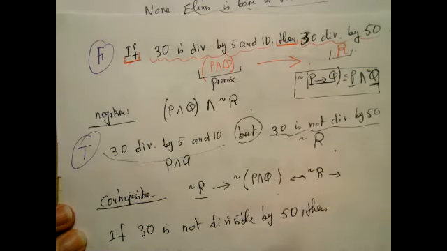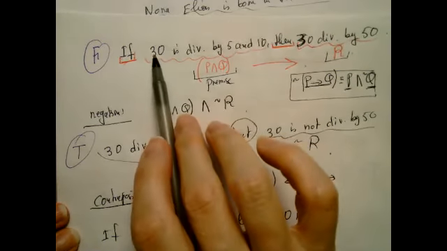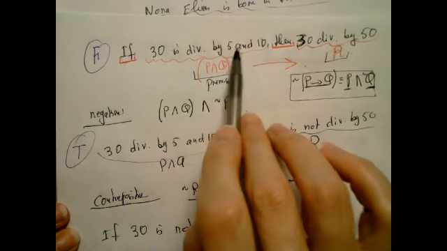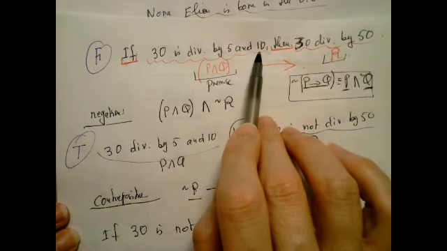So this means non-R. I'm going to zoom in. How do we negate 30 divisible by 5 and 10? De Morgan's law gets into the picture.